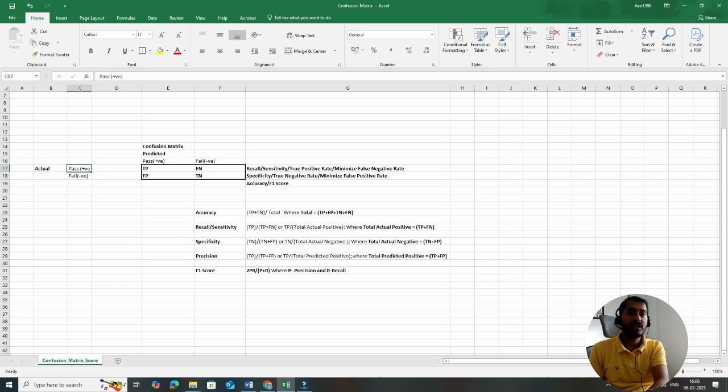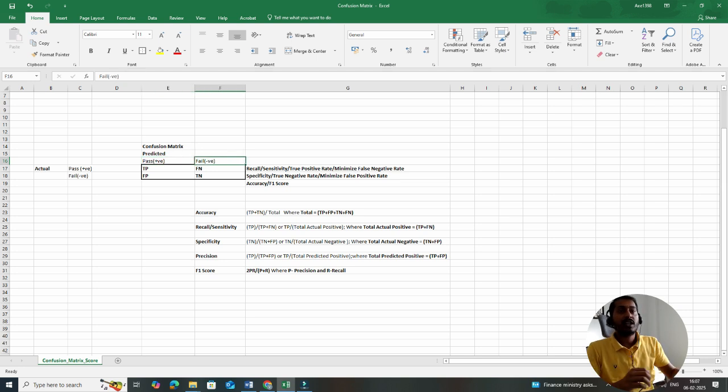In actual, we have pass, which we consider as positive, and fail as negative. Similarly, column wise, it represents the predicted values. So the very first column would be considered as pass, which is positive, and fail as negative.